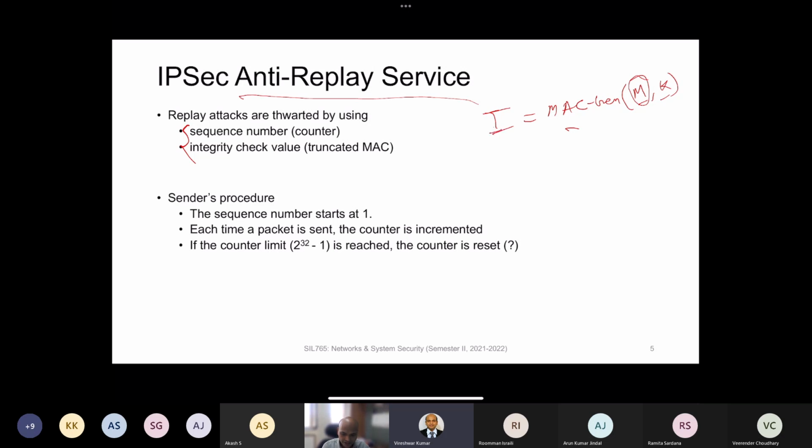In the case of IPsec, when you are using a counter, the message consists of two things. One is the packet content, which means it could be the TCP header and the data. Let me represent that with P, packet content.